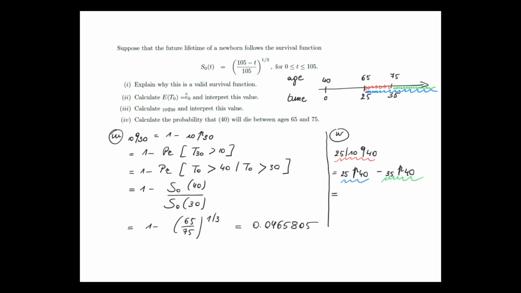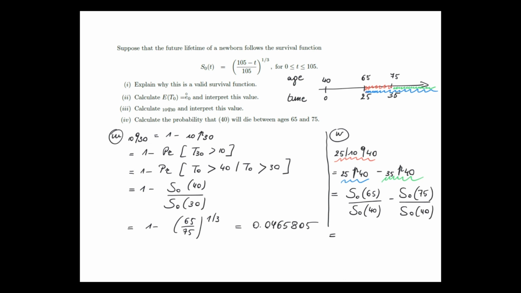So we're going to do something similar over here, and we'll retrieve S0 evaluated in 65 divided by S0 evaluated in 40 minus S0 evaluated in 75 divided by S0 evaluated in 40.